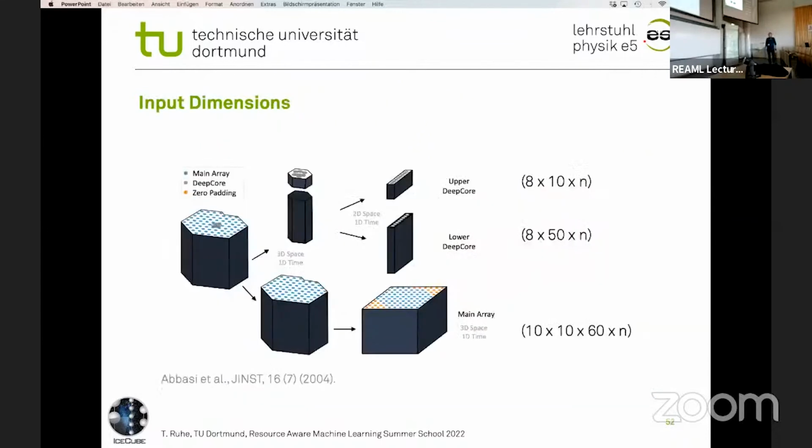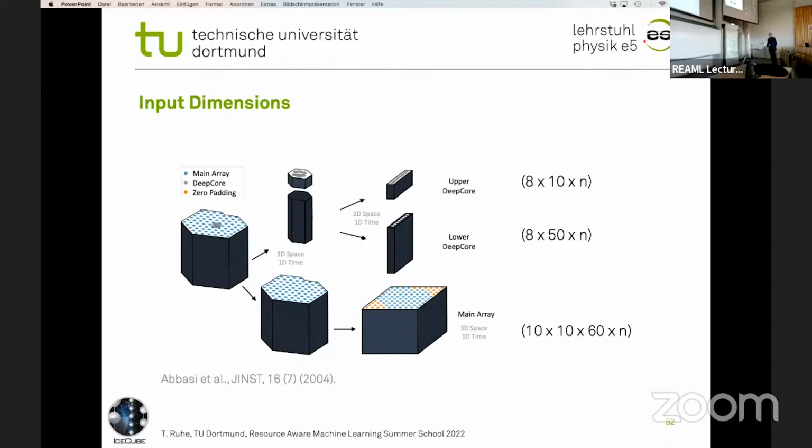So the input dimensions are transformed in a way that we first take the infill arrays like upper DeepCore and lower DeepCore, and we just straighten this out. Then you have 8 DeepCore strings times 10 DOMs times however many input features you will select. The lower DeepCore, 8 strings times 50 DOMs times n.